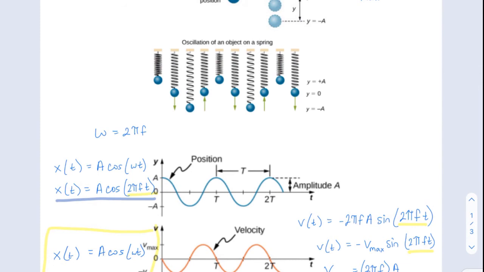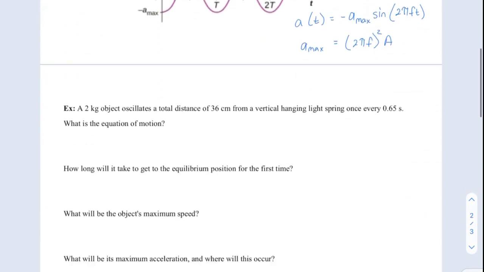We're told that it oscillates, goes back and forth, a total distance of 36 centimeters. That means going down and then up is 36 centimeters. Keep in mind, if this is equilibrium, it goes down, up, up, down.